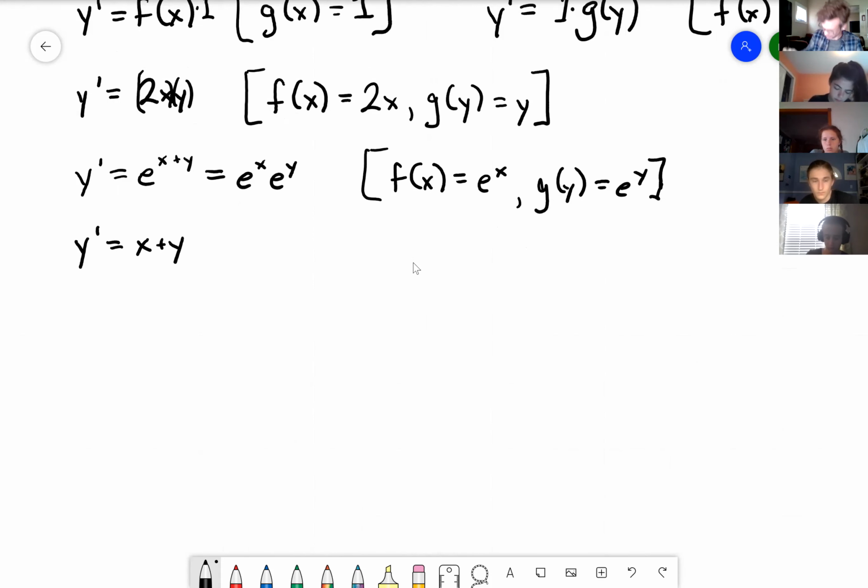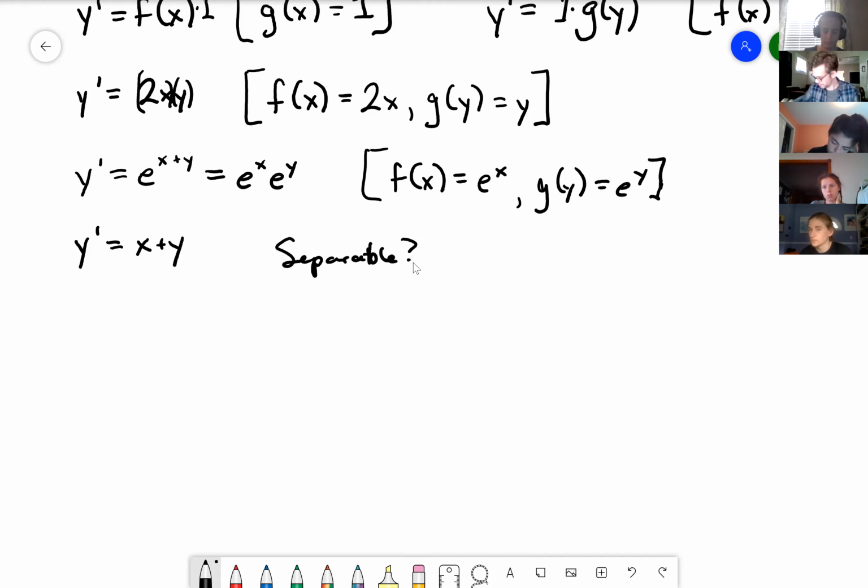Y prime is equal to x plus y. Separable? This is not separable.